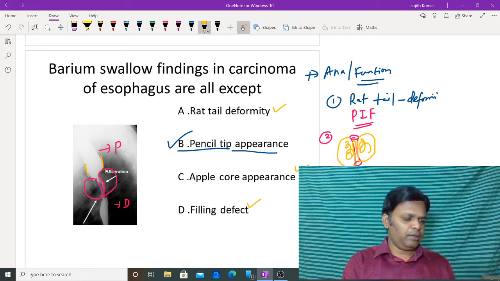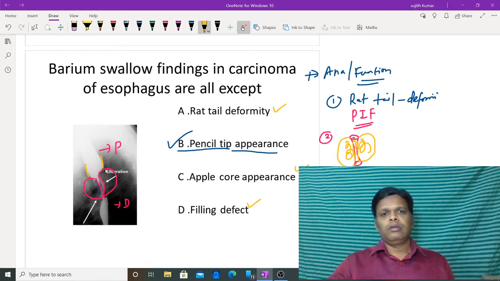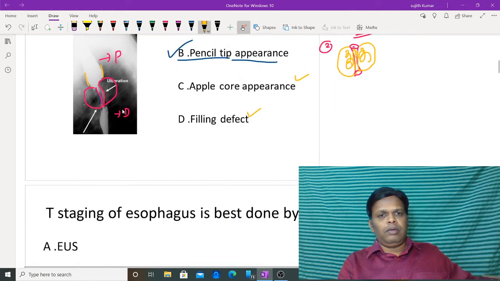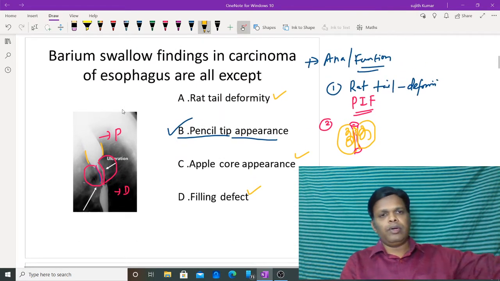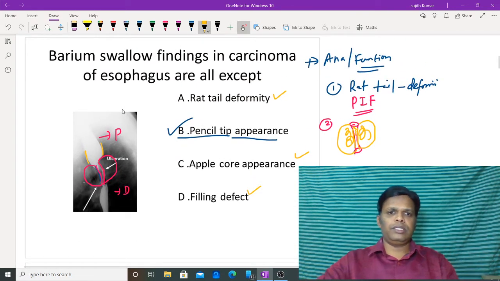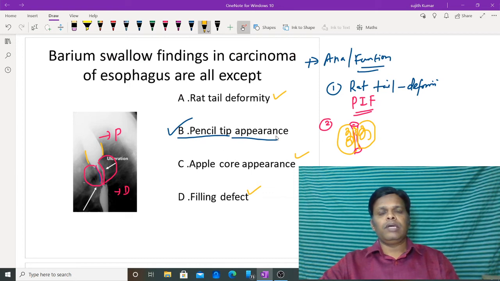Next, I want to discuss another important finding, that is the pencil tip appearance. There are findings you can get in achalasia cardia.